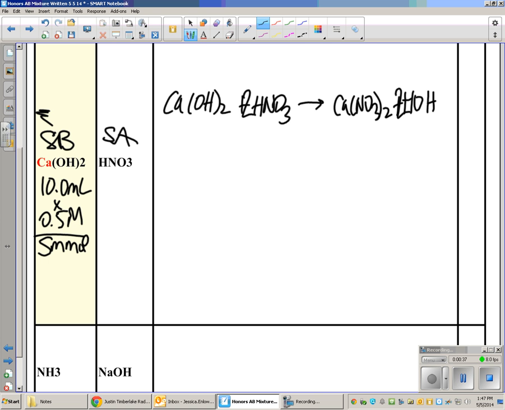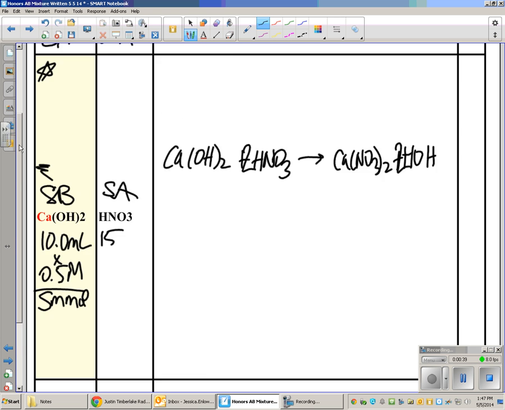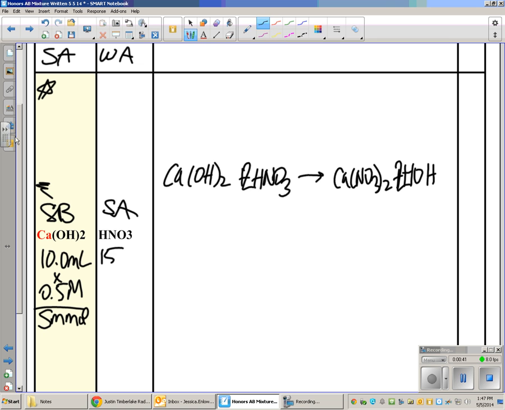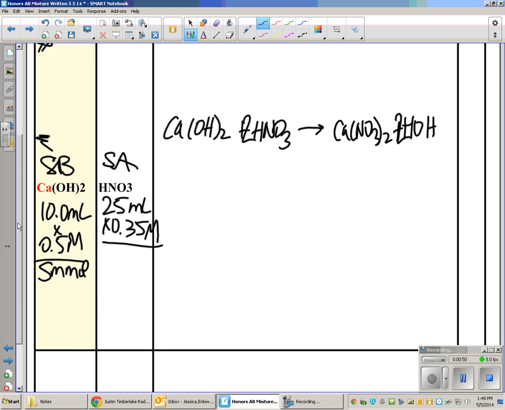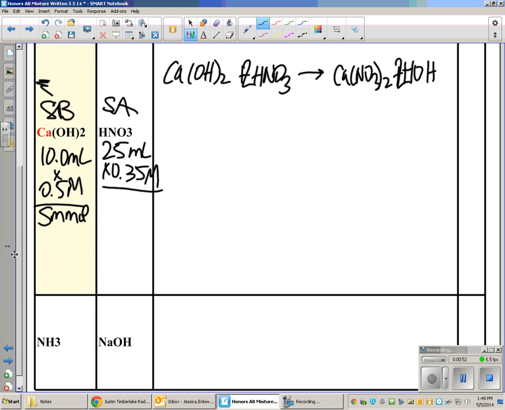And then 25 milliliters times 0.35 molar, I'm just going to get louder, that's all good, is 8.75 millimoles. Then you put those numbers over here: 5 millimoles, 8.75 millimoles.